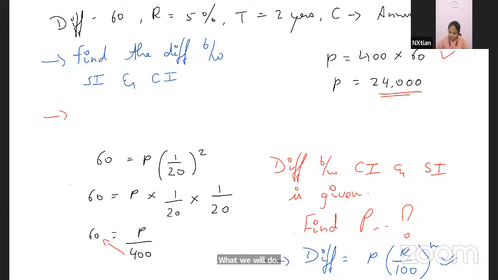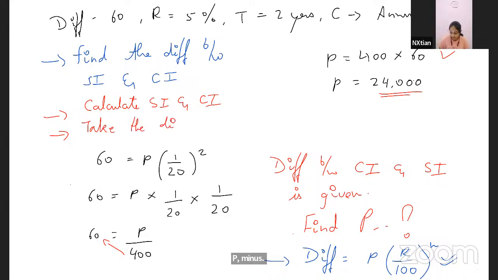We will first calculate SI and calculate CI. Okay. Then take the difference, that is CI minus SI. Okay, so this is what you do when you are asked to find the difference between SI and CI.